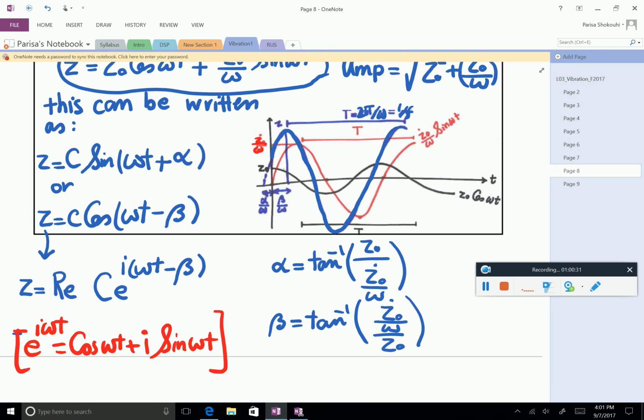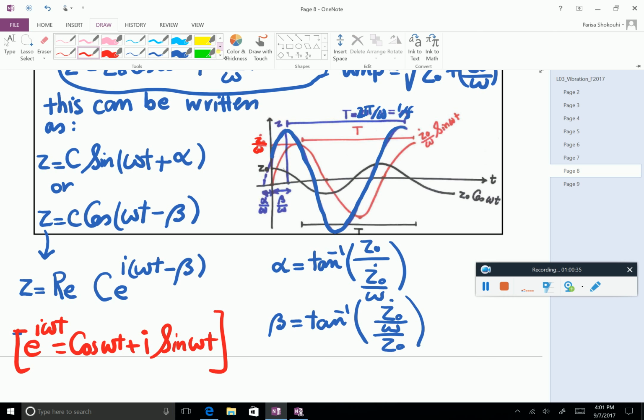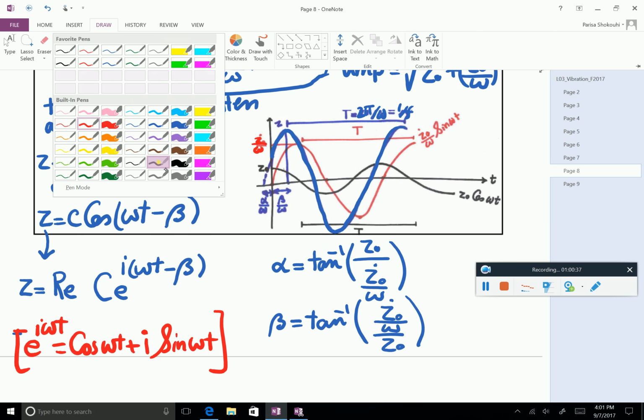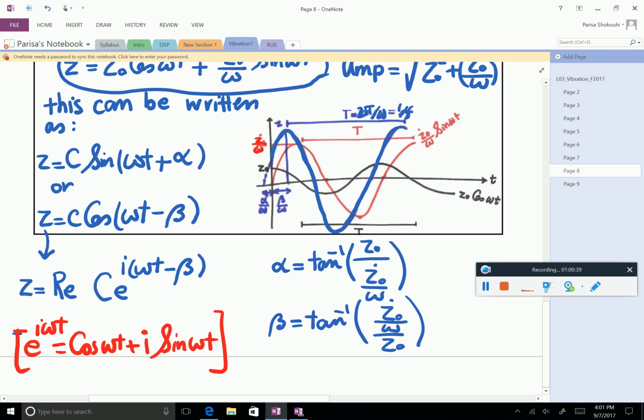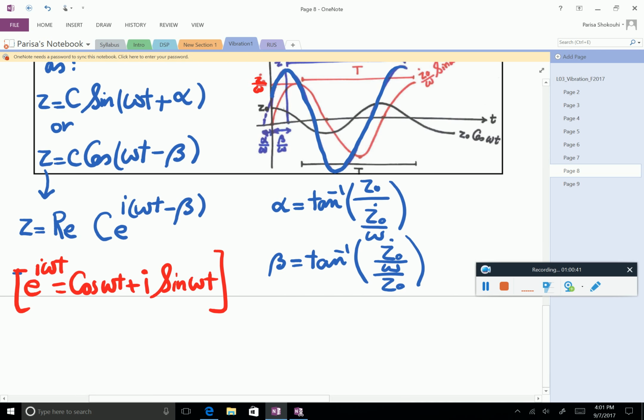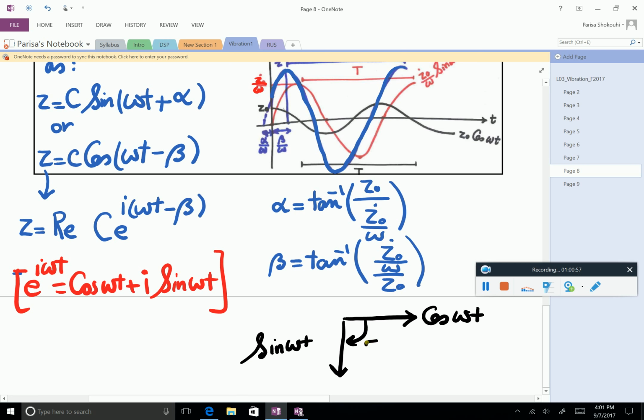Another thing that I find useful: look at the sine and cosine terms here, the red and the black curve. It's sometimes useful to think about them as vectors.